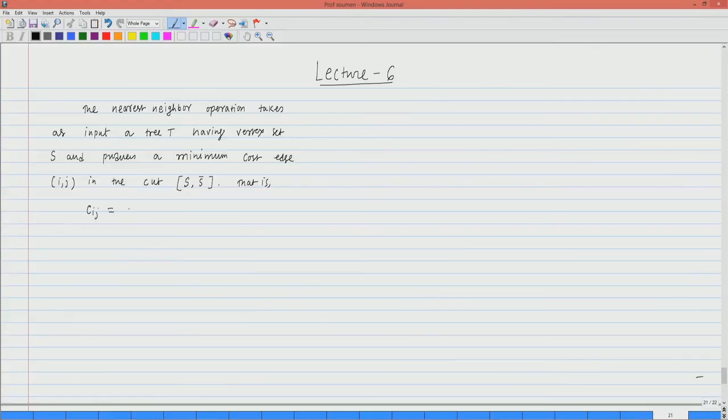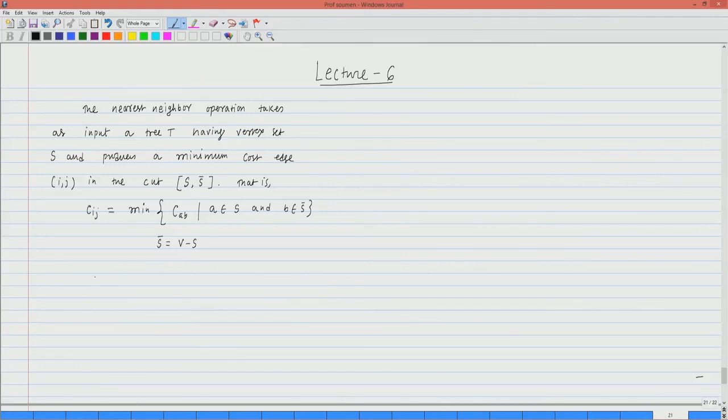C I j is the minimum of C A b, the cost of the edge A b, where A belongs to S and B belongs to S complement. Okay. So, note that S complement is V minus S.